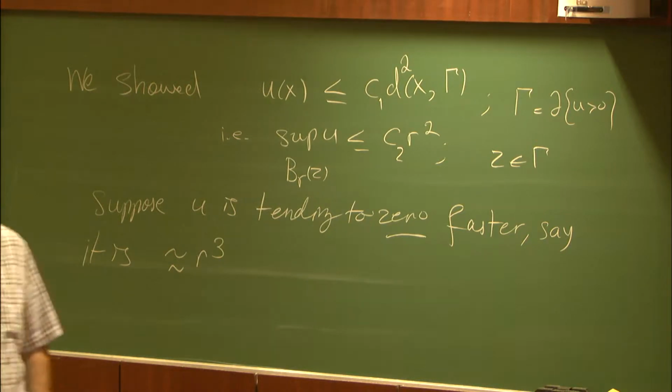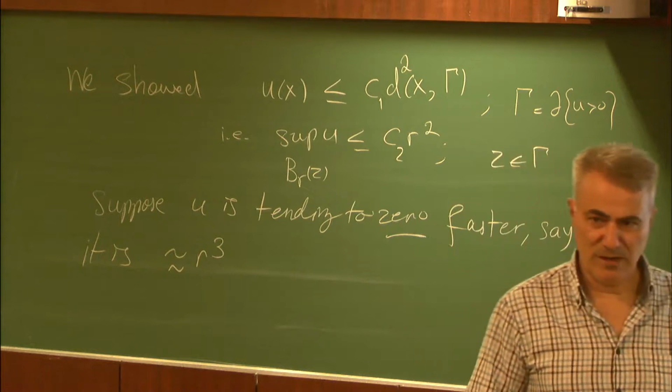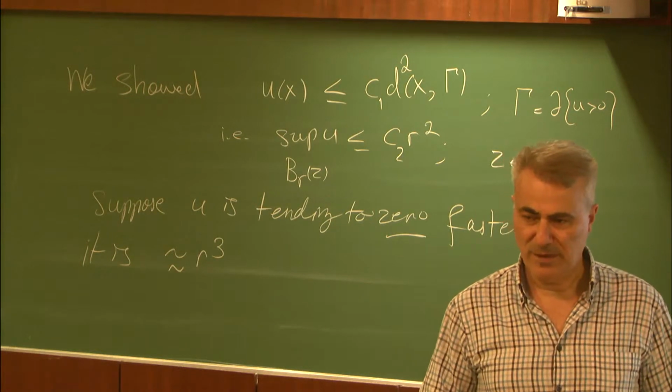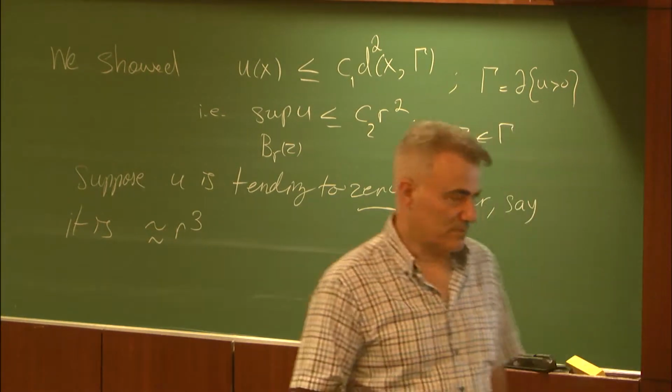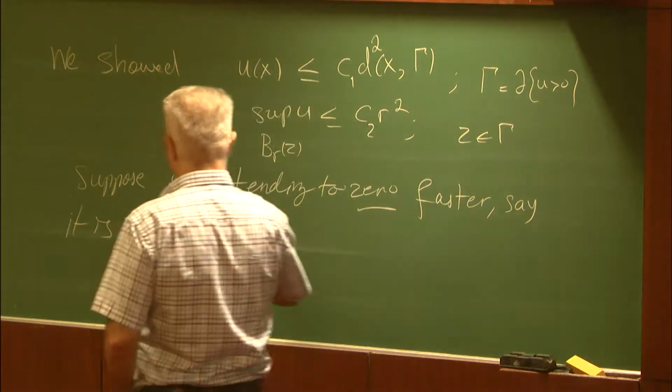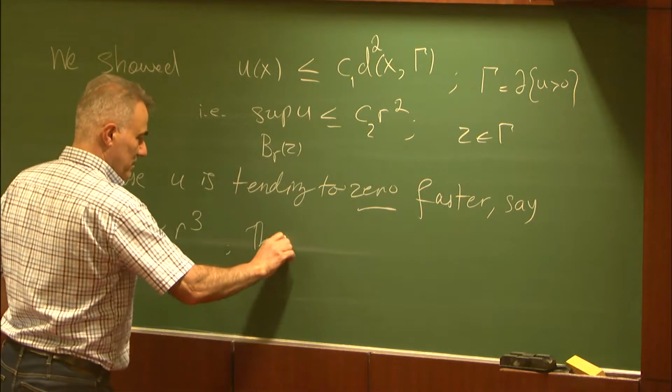Suppose it goes faster than r power 3. We don't know whether r3 is the one that is given by the problem. We know it's less than or equal, but it might be r3, so it's very fast. Then what you have is this.